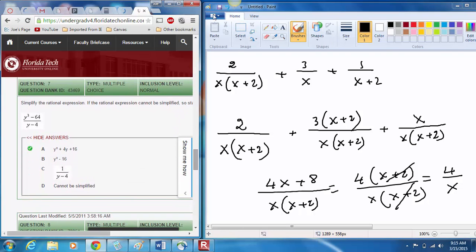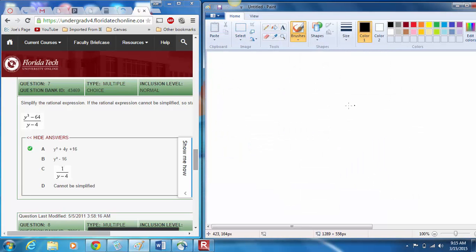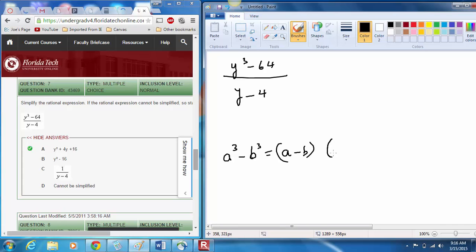Simplify. On the next problem, we have y cubed minus 64 over y minus 4. Let me try to write the difference of cubes. A cubed minus b cubed is a minus b times a squared plus ab plus b squared.